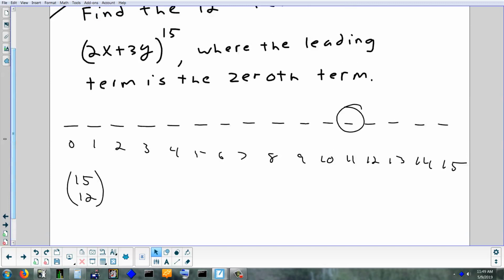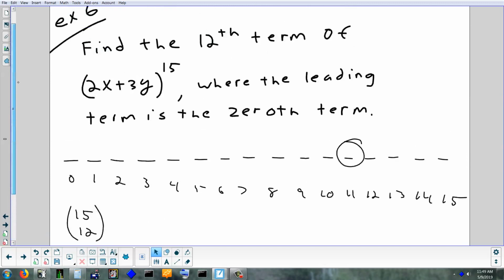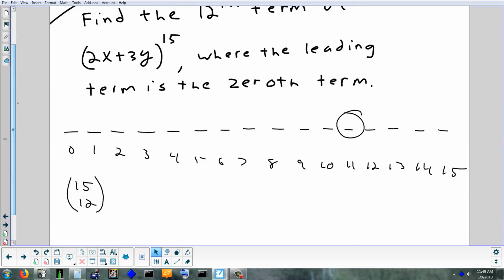When they say they want the 12th term, I'm pretty sure they mean the 12th term the way they labeled it. I would be clear about that on the test, but that's what they're looking for: the 12th term labeled starting with 0.